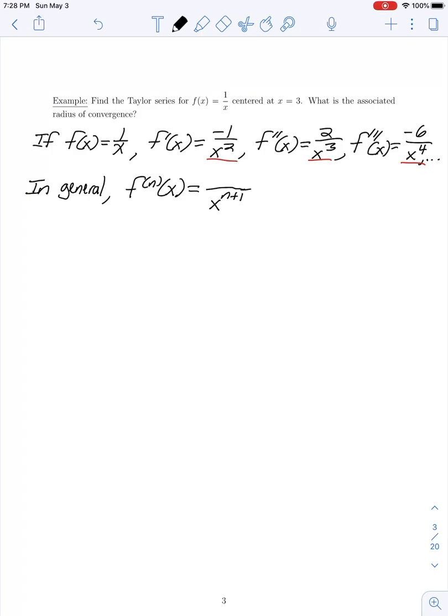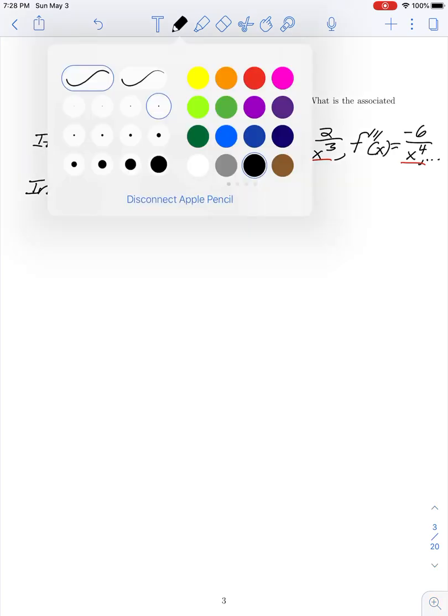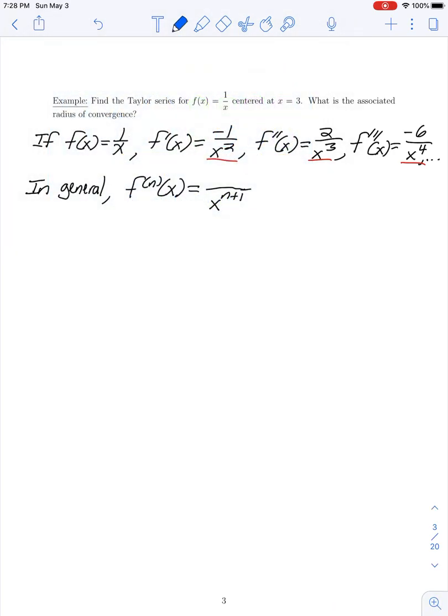Now, we see, looking at the numerator for each of these terms, that they're alternating in sign. Our first derivative was a negative, our second derivative was a positive, third derivative was a negative, fourth derivative will be positive, and so on. So in general, we have -1 to some power to capture that alternating sign.